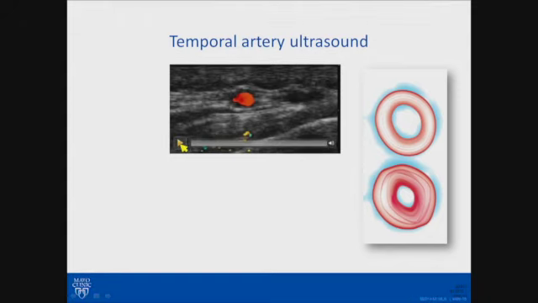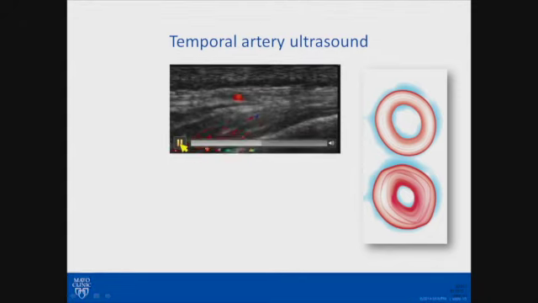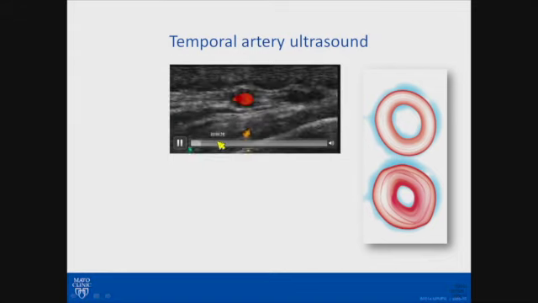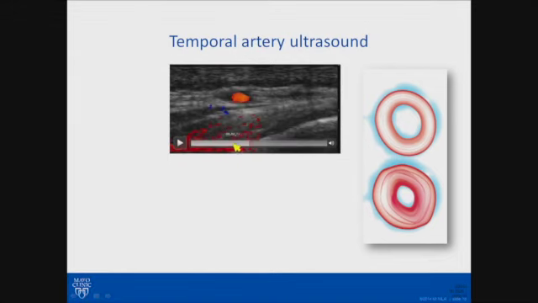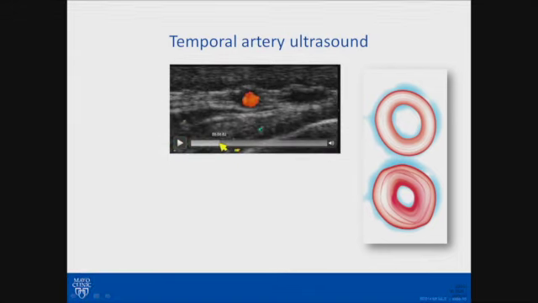So this is an ultrasound of a normal temporal artery. And what you're seeing here, if I can just pause this for a second, is a blood vessel. And this is the temporal artery right here. And the red blob in the middle is blood flowing through. So this is a normal blood vessel where there's a nice, wide, open channel of blood getting through the artery.